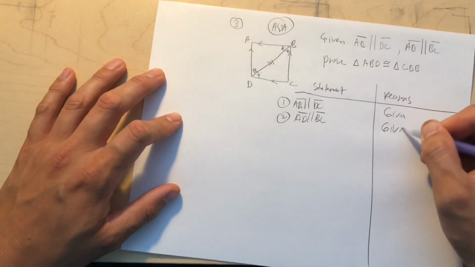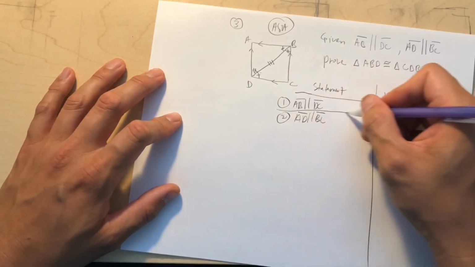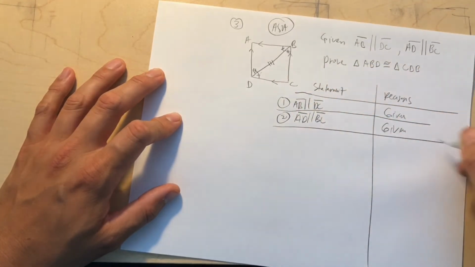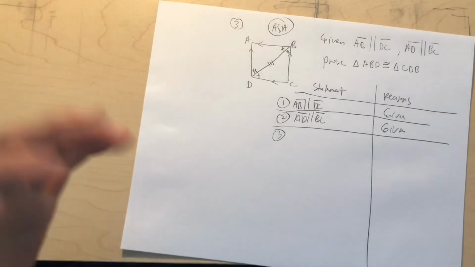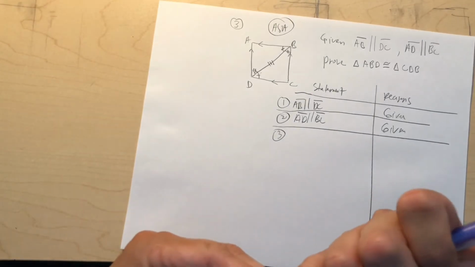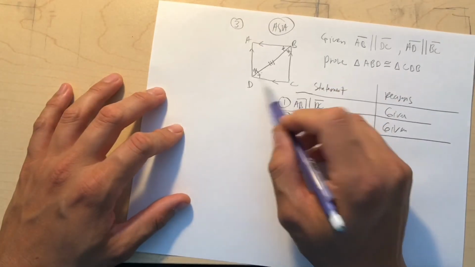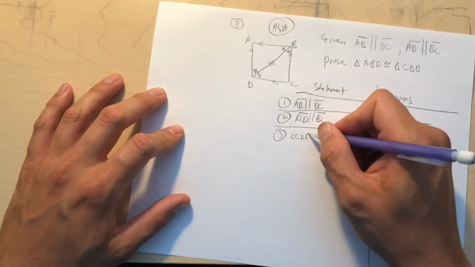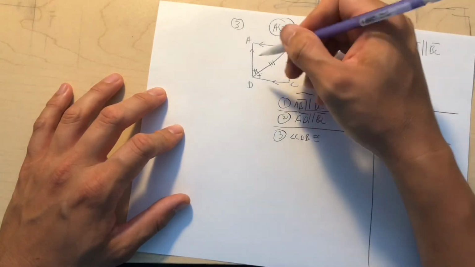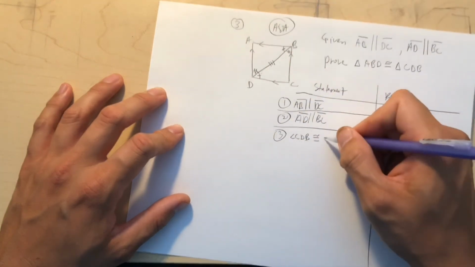It's also given. All right, let's draw a line like that. My bad, sorry. Number 3. All right, so we're going to do angle, side, angle. Let's do this angle first. So angle CDB is congruent to this angle, ABD.